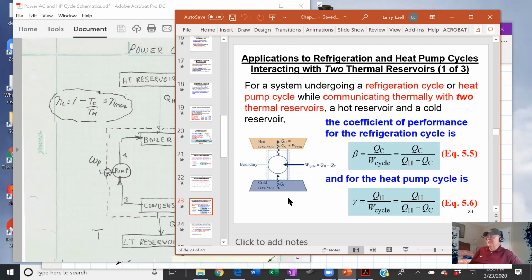Well, no, it depends on how you look at it. All right, let's look at it. This is inside the house. This is outside. So we're trying to cool the inside of the house. How do we do that? We pull heat out into our cycle. We store it in the fluid, and the fluid goes through some processes and eventually rejects that heat outside. That is an air conditioning cycle.